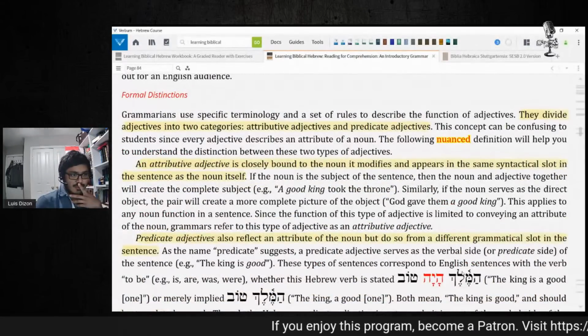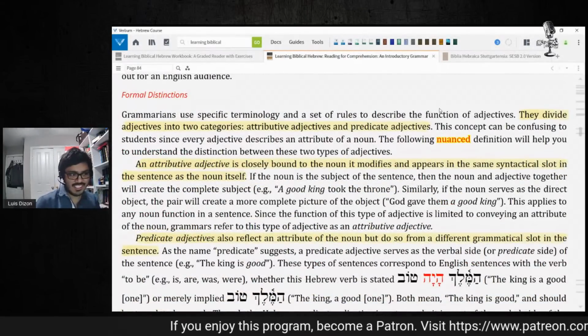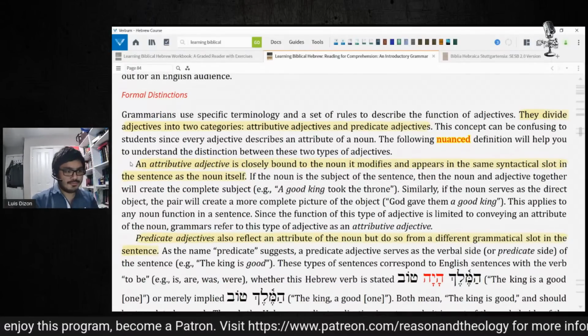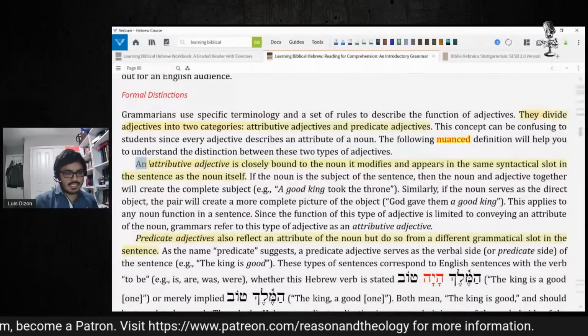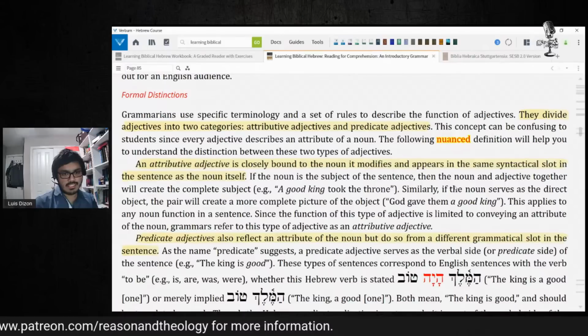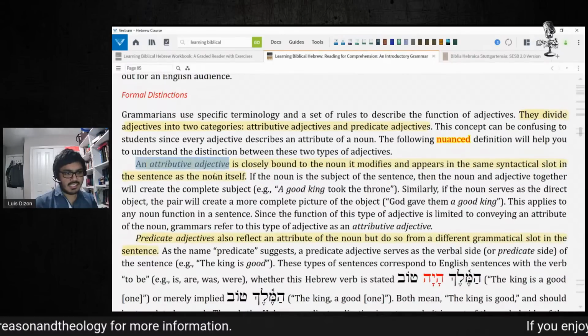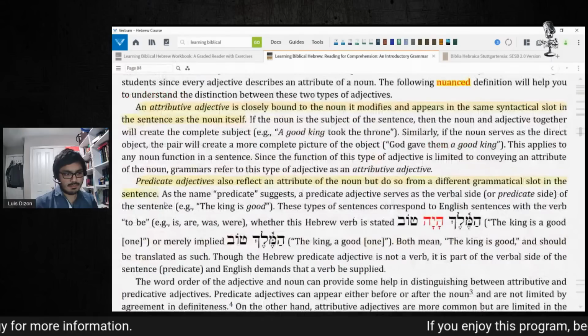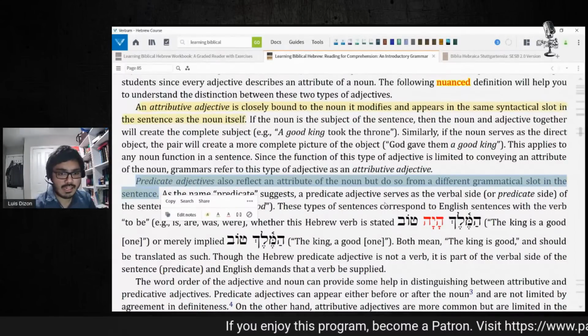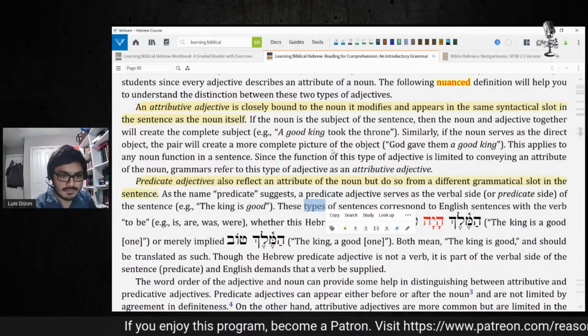So we got some nuances and distinctions here. Our favorite words. So an attributive adjective is closely bound to the noun it modifies and appears in the same syntactical slot in the sentence as the noun itself. Predicate adjectives also reflect an attribute of the noun, but do so from a different grammatical slot in the sentence.